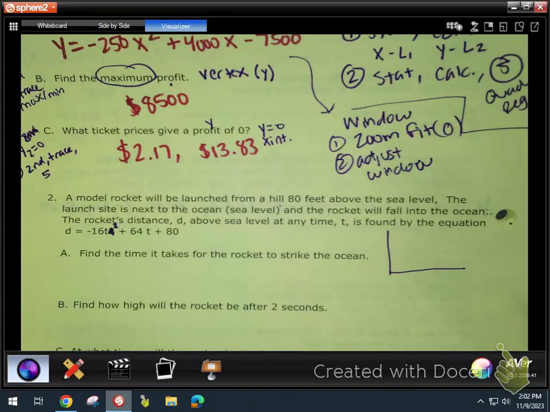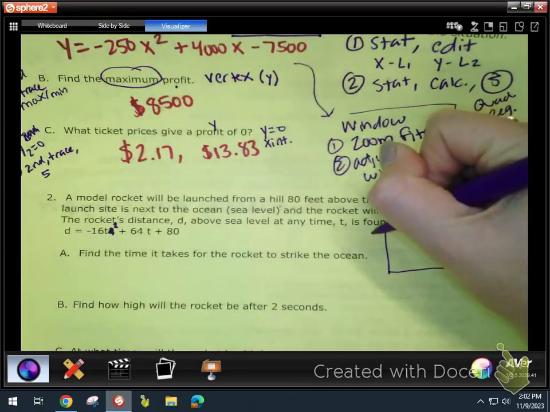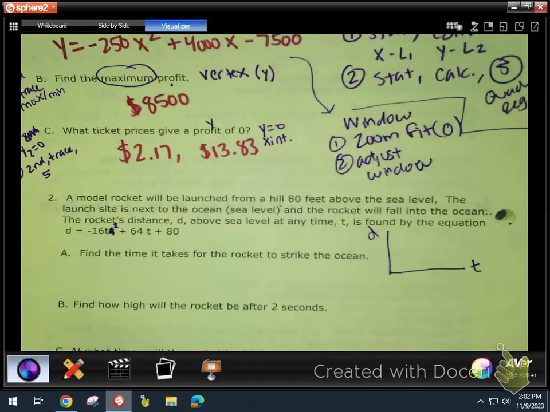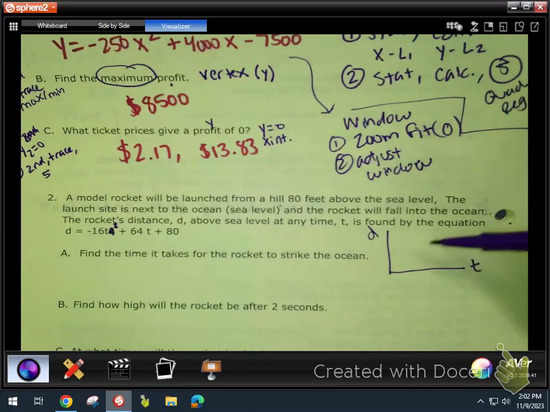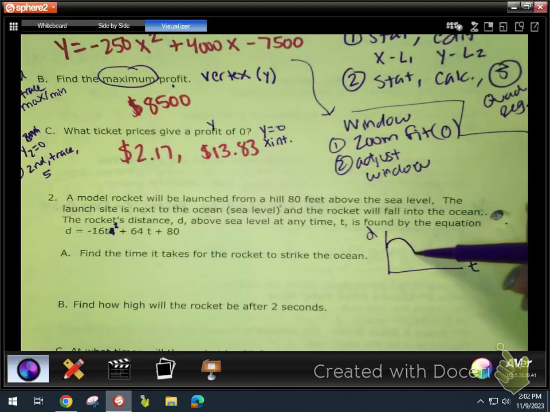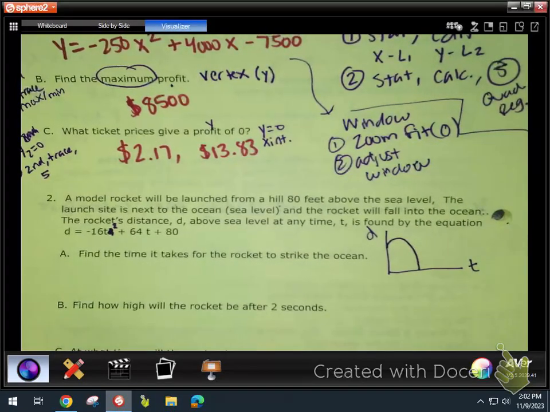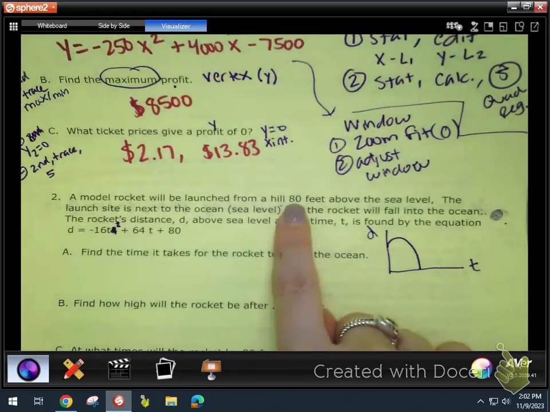So I'm talking about time on the x and distance from sea level on the y, just labeling my independent and dependent variables. And we're launched from 80 feet above, and then we're going kind of like this. It's just a little picture of what should be happening. A lot of times, these are your parabolic motions. They're going to look like that. But I was 80 feet above.